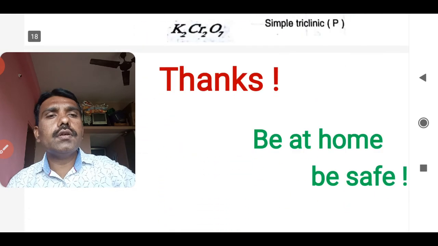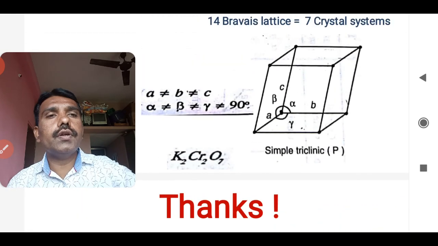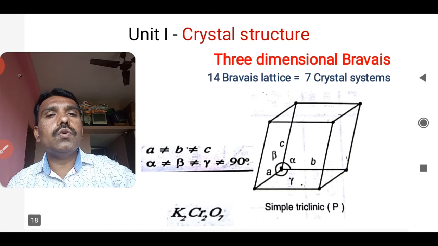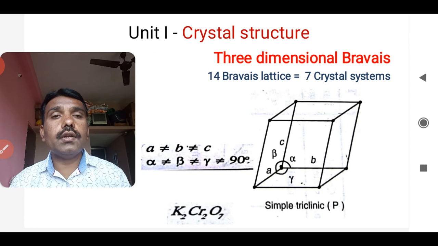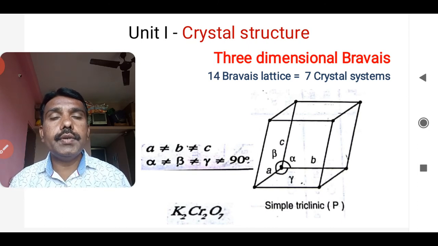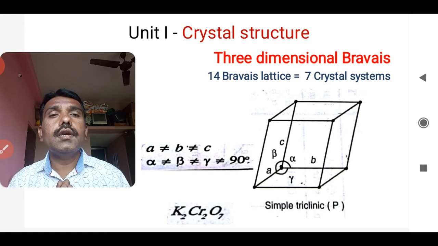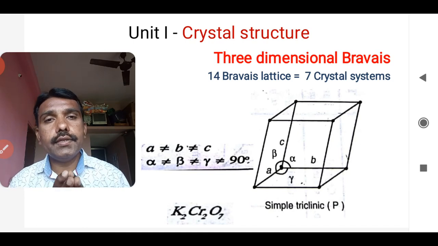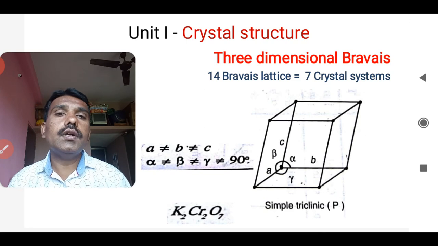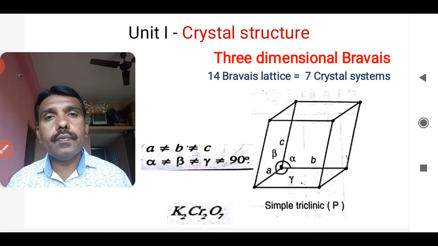In brief, what exactly is this part giving you? It is giving you the three-dimensional Bravais lattices that we have seen, the possible number of Bravais lattices. Bravais lattices follow the point groups, and in three dimensions there are 32 point groups. When any lattice is created using these 32 point groups, such a lattice is called a Bravais lattice.